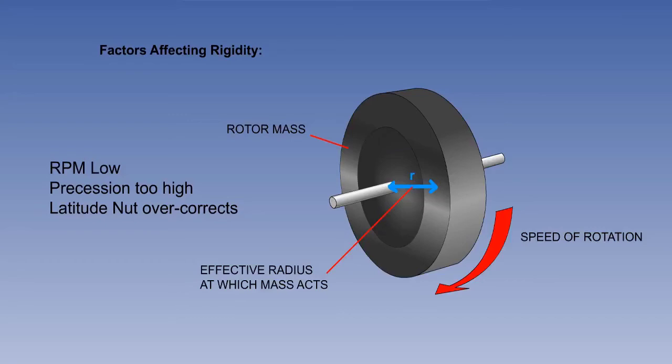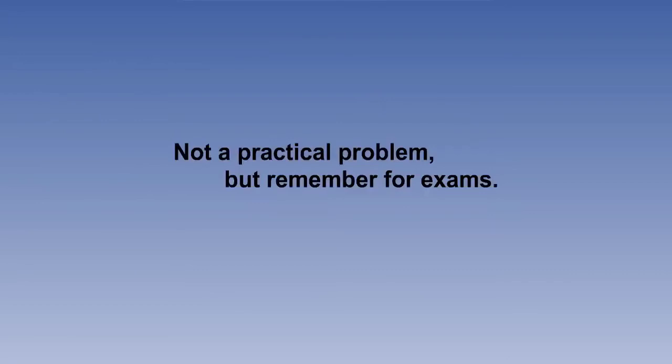Lower RPM gives lower rigidity, so the precession rate will be too high. This means that the latitude nut correction is too high, overcorrecting the earth rate. In reality, this is more of a theoretical problem than a practical one. The amount of error will be small, and is usually completely swamped by the far greater error of real drift in typical DGIs.